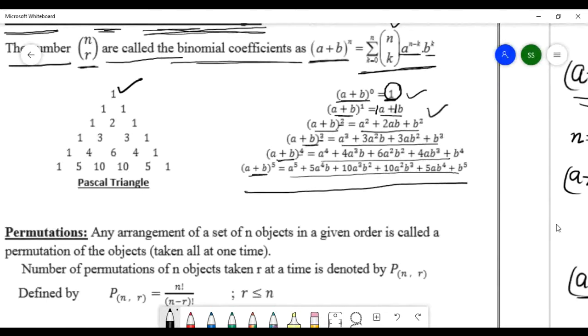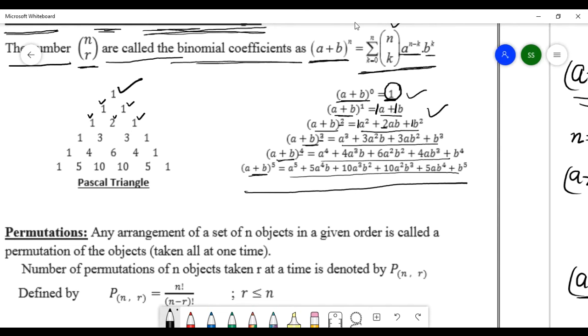Look over here. Here the coefficients come here, 1, and here coefficient 1. 1 1. So write here 1, and write here 1. Now come over here. Here coefficient 1, here 2, and here 1. 1 2 1. So here write 1, here 2, and here 1.